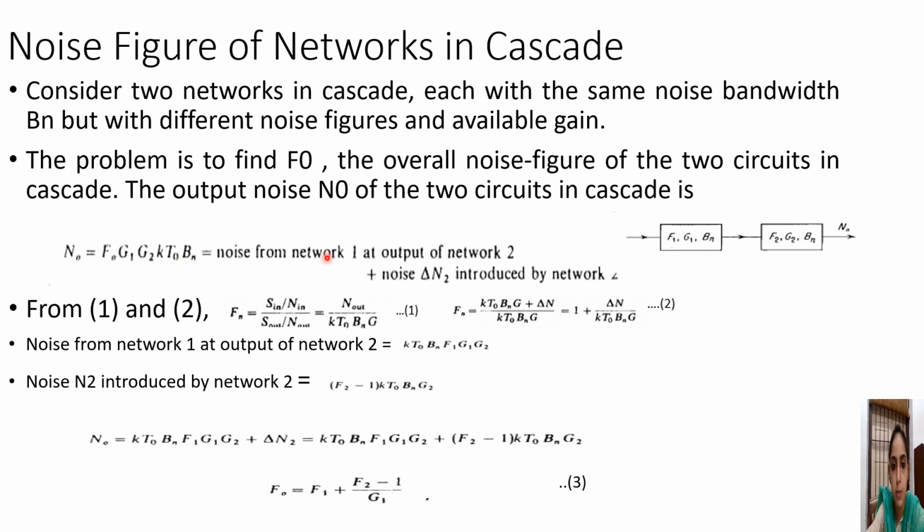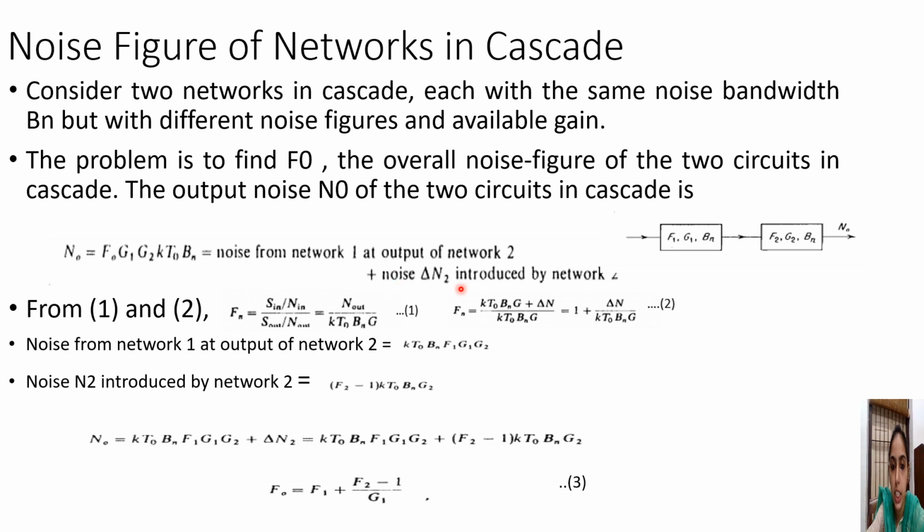So the first expression, noise from network 1 which is coming at the output of network 2, that is N out, can now be written as KT naught Bn G1 G2, since we are multiplying the gains, into F1. That is the first equation.